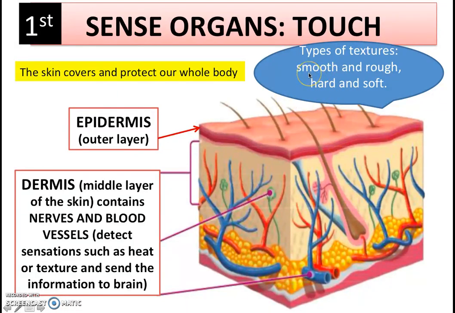When something is smooth, es suave, something is rough, rugoso, something is hard, duro, something is soft, suave, okay? So all these sensations, temperature, texture, are going to be detected by the dermis and by the nerves and blood vessels, las arterias y venas o capilares, digámoslo, que están en la dermis, in the middle layer of the skin, dermis, okay?